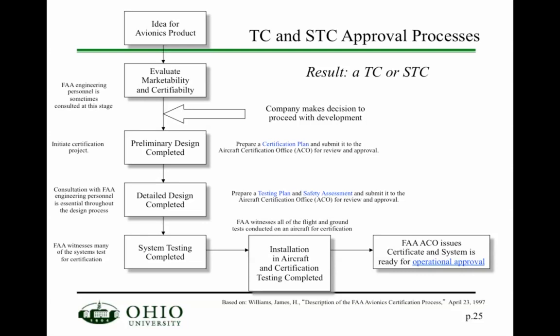And then finally, you're going to install this in the aircraft and complete the certification test. At this time, the FAA issues a certificate, so for example, a supplemental type certificate here, and is ready for operational approval. So for example, I added a standalone GPS box to my aircraft. I had to go through this whole set of steps, but now I have the box in the aircraft. I still need to have operational approval.